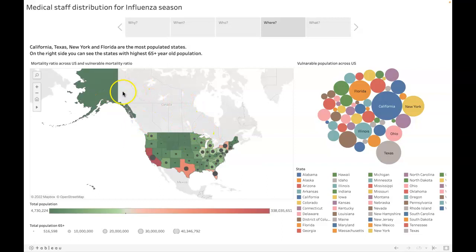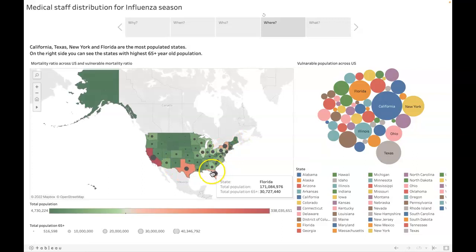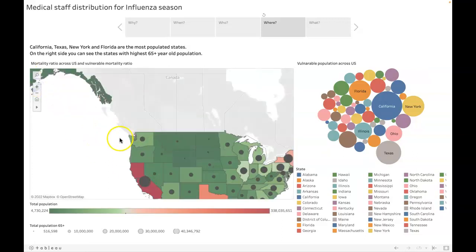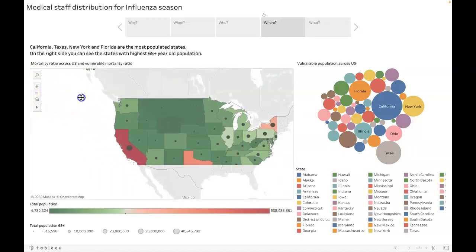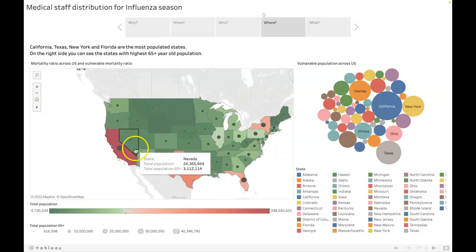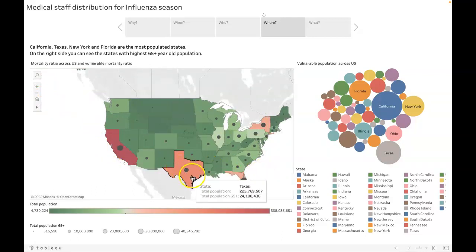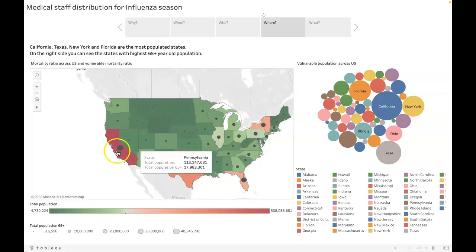If we look at the total population across the US, California, Texas, New York, and Florida have the highest population, and these black bubbles show the population of vulnerable people.